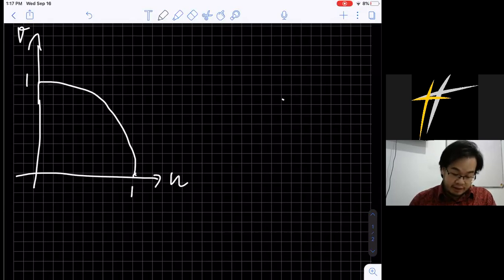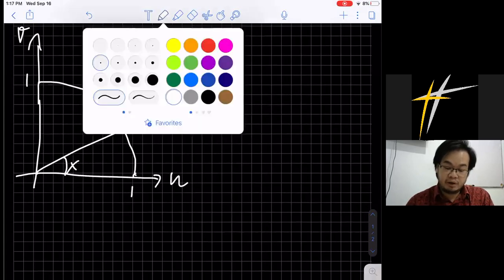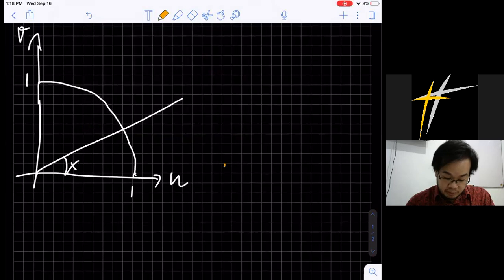And then I have a line ray like this with the angle of x in standard position. And then from this graph, from this UV coordinate system, I'm gonna draw 3 different triangles. The first one is this one.